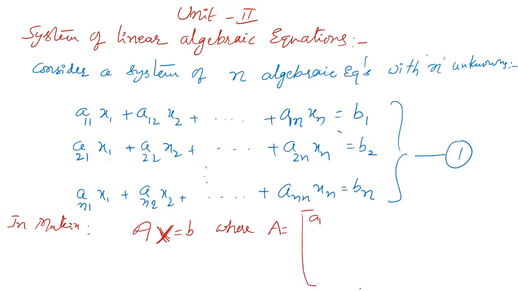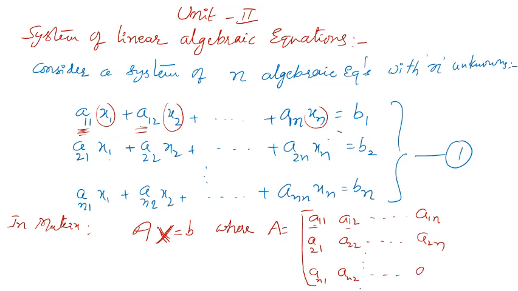The first row elements are a11, a12, up to a1n, the coefficients of x1, x2, xn. Second row, a21, a22 and so on up to a2n. And similarly nth row, an1, an2, ann. This is called the coefficient matrix.